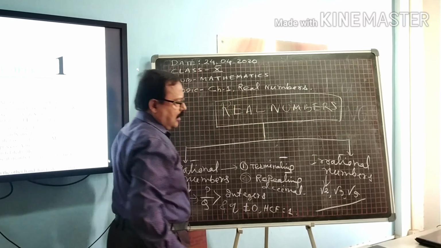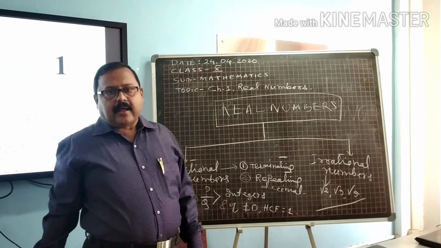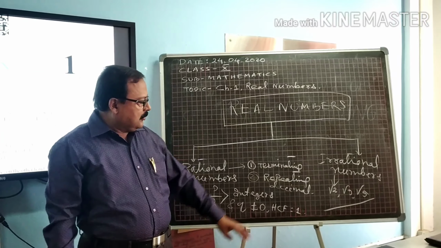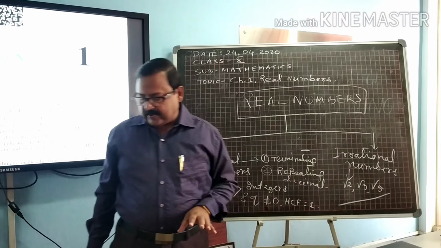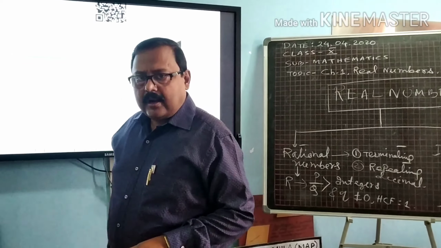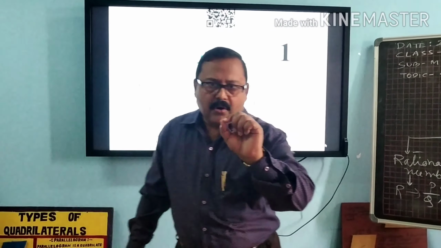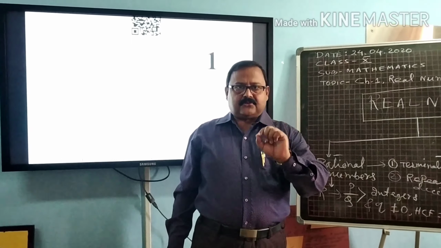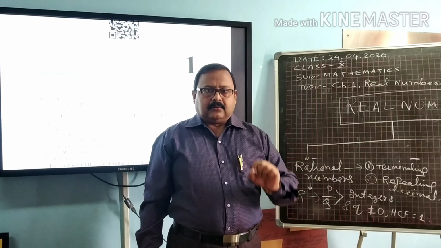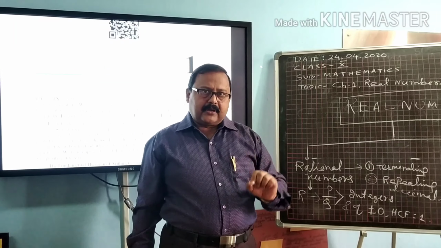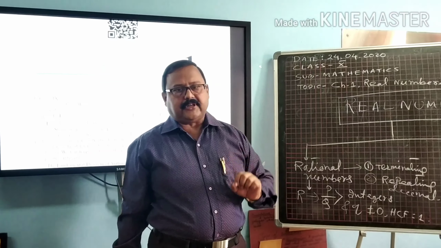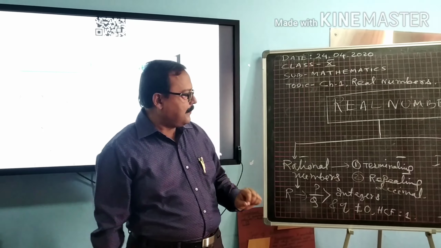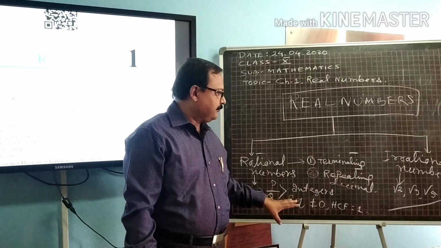And these irrational numbers have mainly non-terminating and non-repeating decimal representations. That is the irrational number.